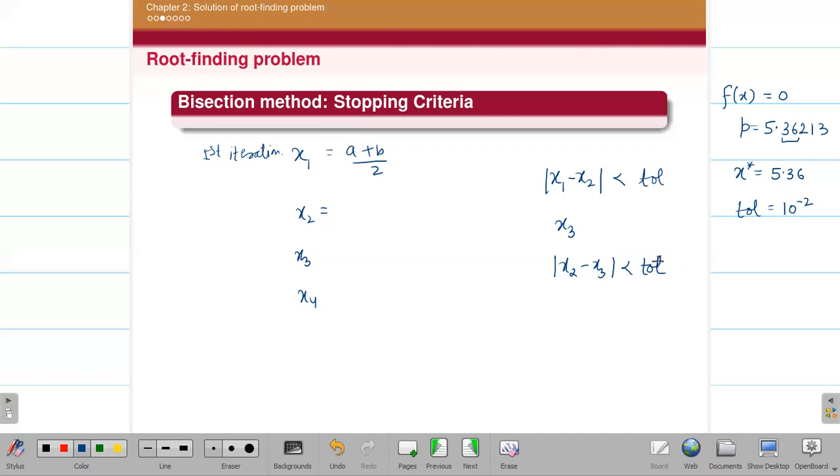Now if it is not less than your tolerance, you have to find x3. If it is again not, you find x4, and again the difference of x3 and x4. If it is less than your tolerance, then x4 will be your approximate root by the bisection method. So this is the stopping criteria actually for all the methods.